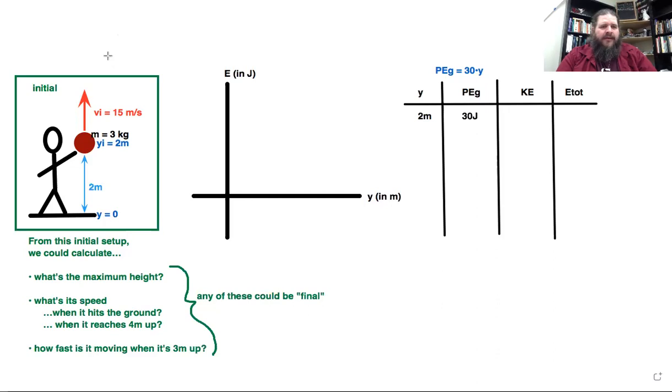And we can mark that on the graph. Let's say we mark every meter here. And then maybe we mark energy every 10 joules.